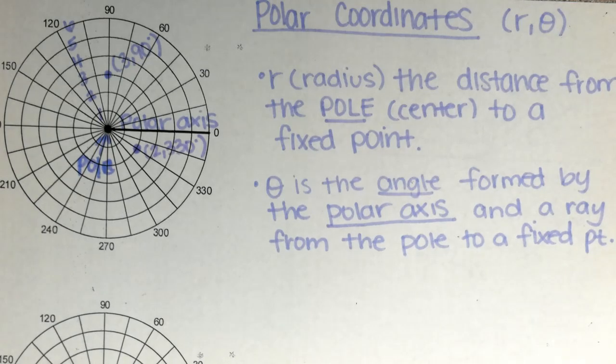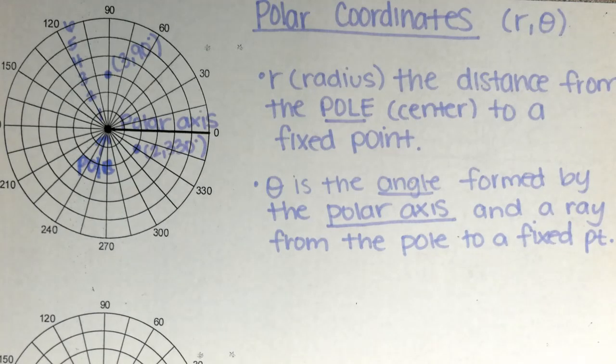Now, each point has infinitely many possible coordinates, right? So, I could have a negative radius, and we've never had a negative radius. But if your radius is negative, you go away from that degree.